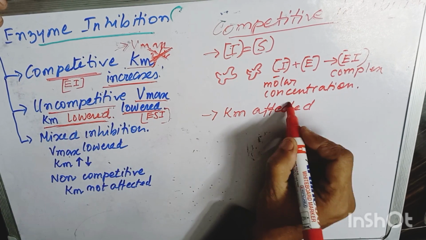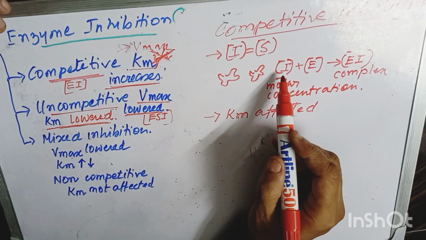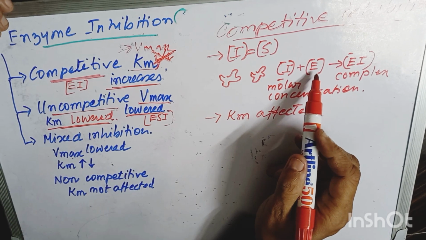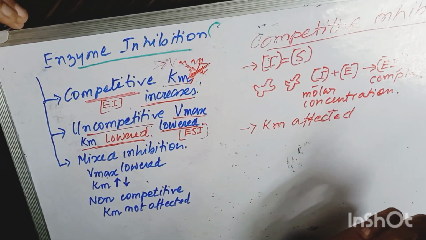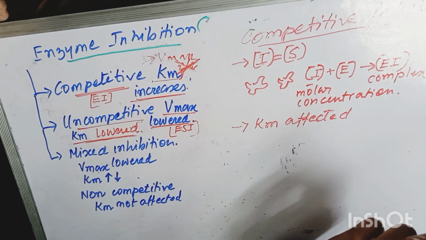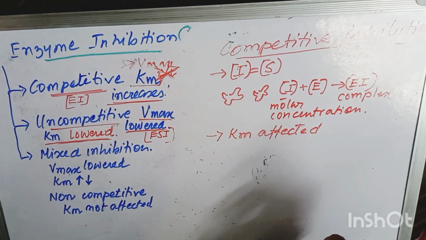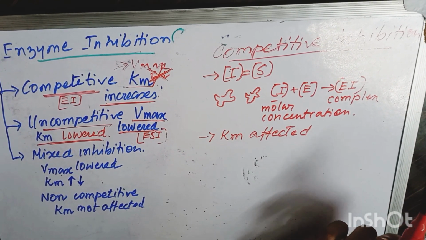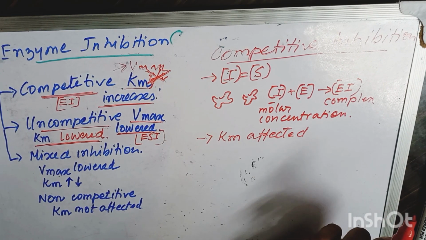How is Km affected? As the inhibitor binds to the enzyme, the substrate will compete. Substrate will ask, where do I bind? You are sitting on my chair, I don't have place to sit, how will I take food, how will I dine?